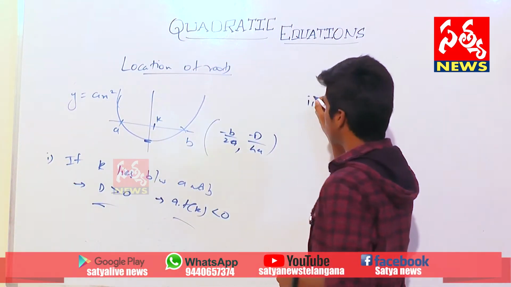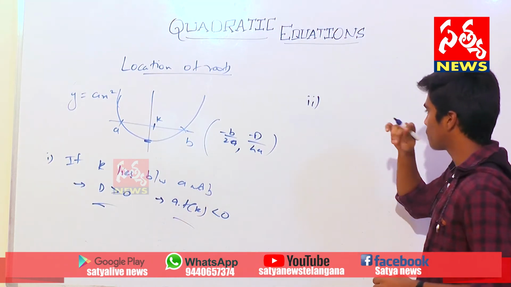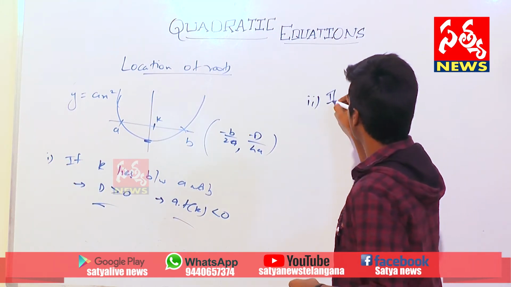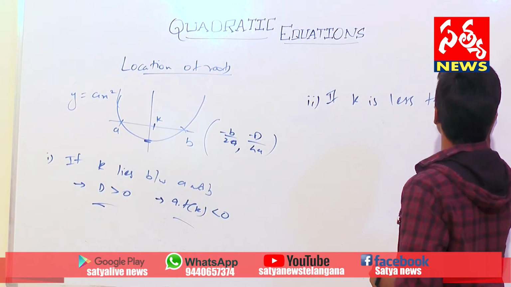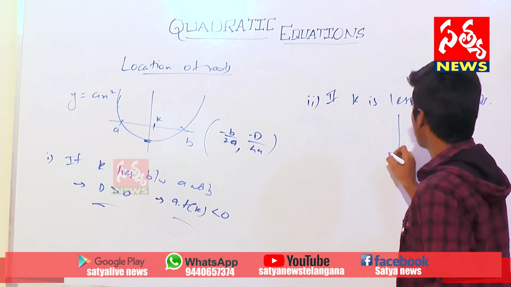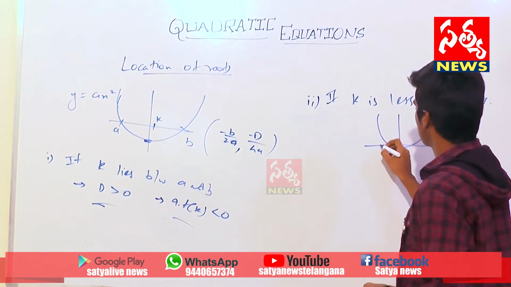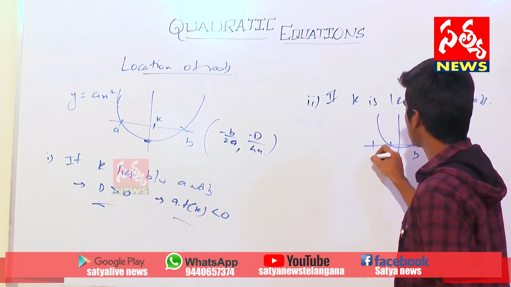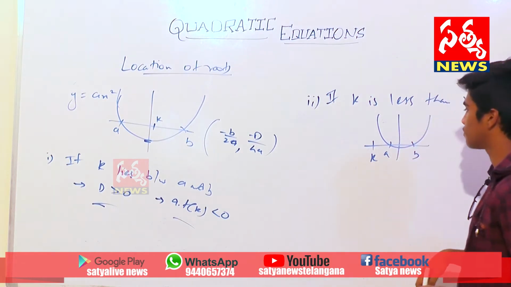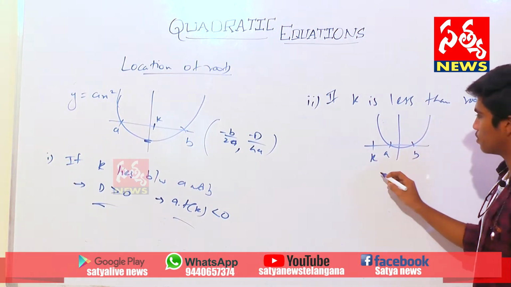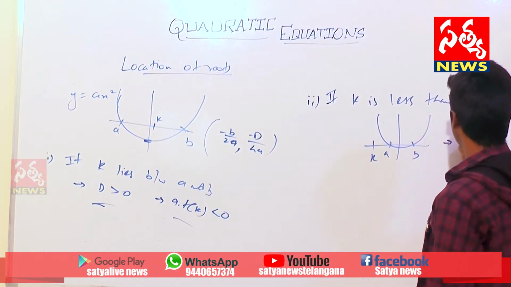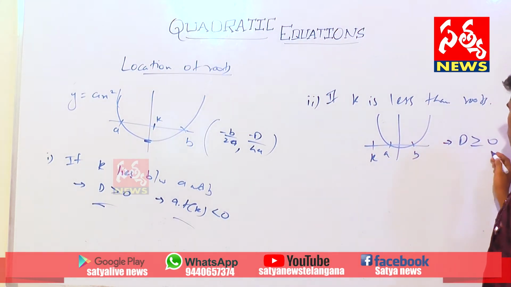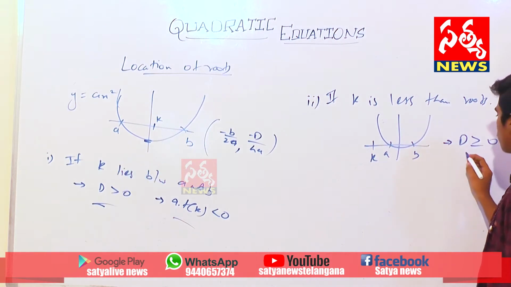And the second one is, if k is less than the roots, the graph would be like this. These are a and b, and k lies here. If k is less than roots, then we have to check 3 conditions. Discriminant is greater than or equal to 0.